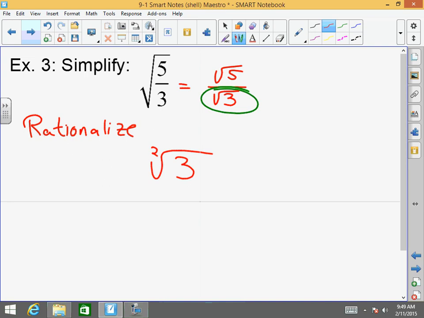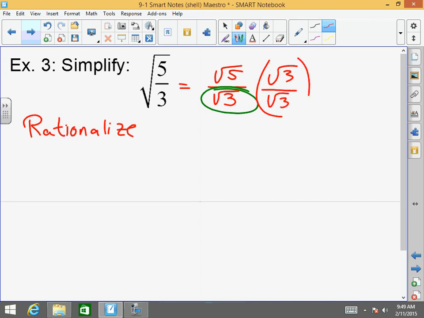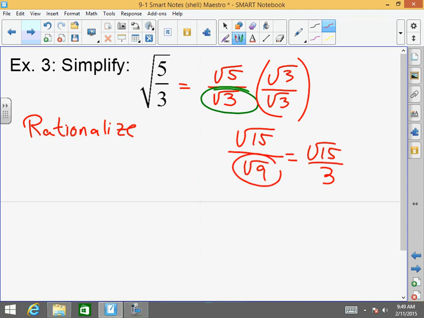How many 3's do I need in total to pull 1 3 out? 2. How many do I have right here in front of me? So what do I have to multiply by? By a square root of 3. This will give me the square root of 15 over the square root of 9, which is the square root of 15 over 3. You can go ahead and eliminate this step.